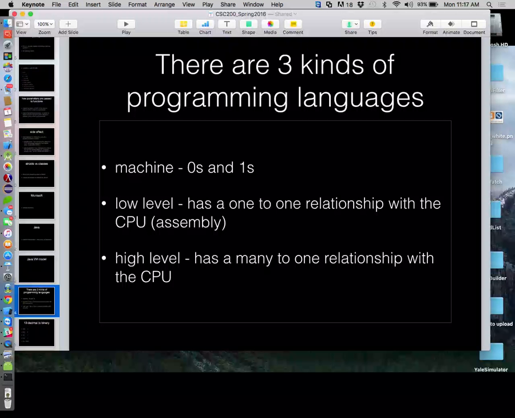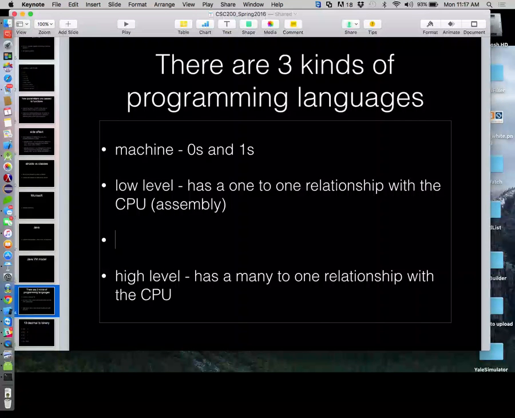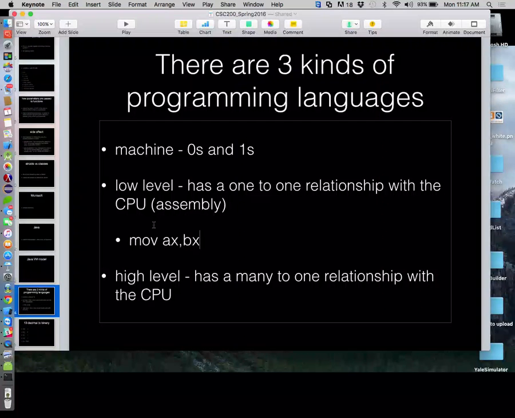But imagine assembly effectively being a list of English-like instructions that each map to one of those magic tricks the CPU understands. So as an example, rather than saying perform magic trick 13, we might say move AX comma BX. That says move whatever's in this hardware register into this hardware register.